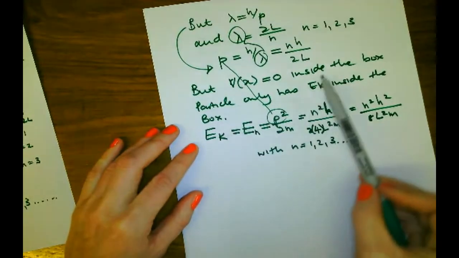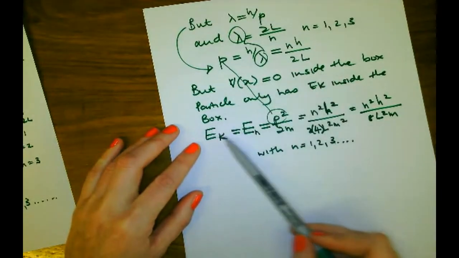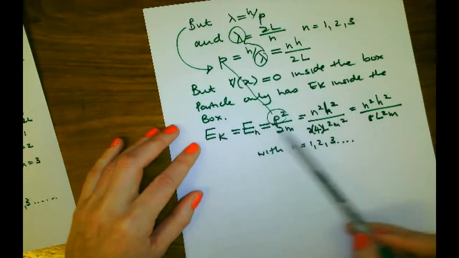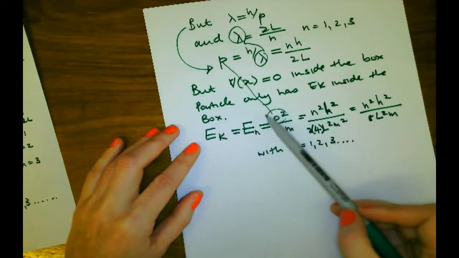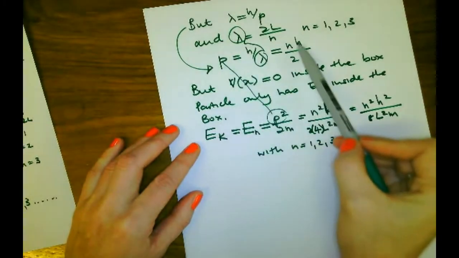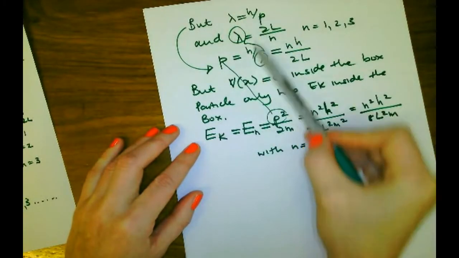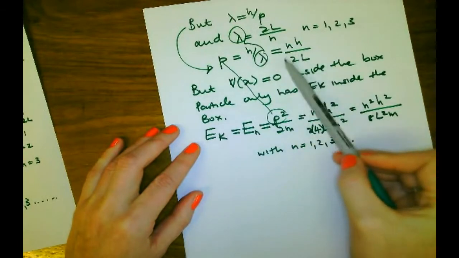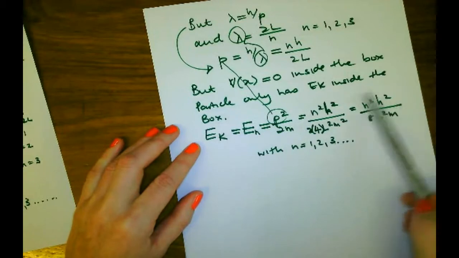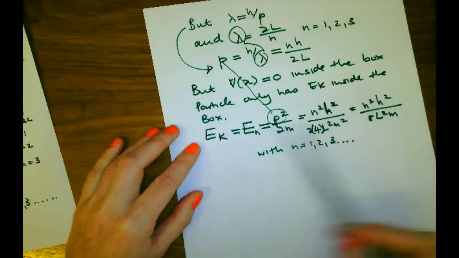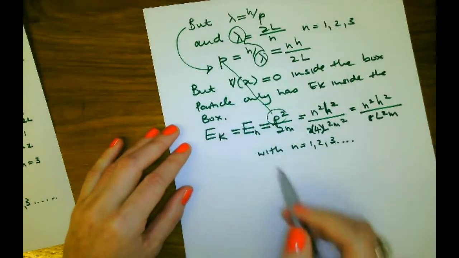So basically what we've done, we've said because there's only kinetic energy, we have an expression for kinetic energy that we derived right at the beginning. And we have now expressed the linear momentum in terms of the wavelength that we used. In terms of the length of the container, we can now make this substitution and we can get an expression for the energies for the system.